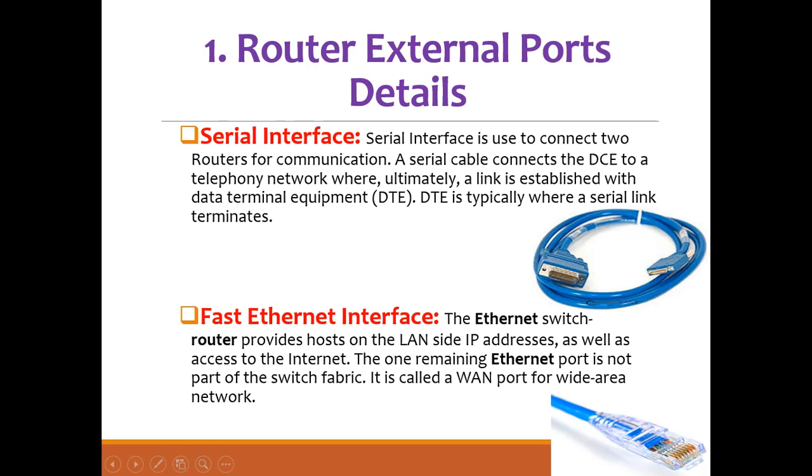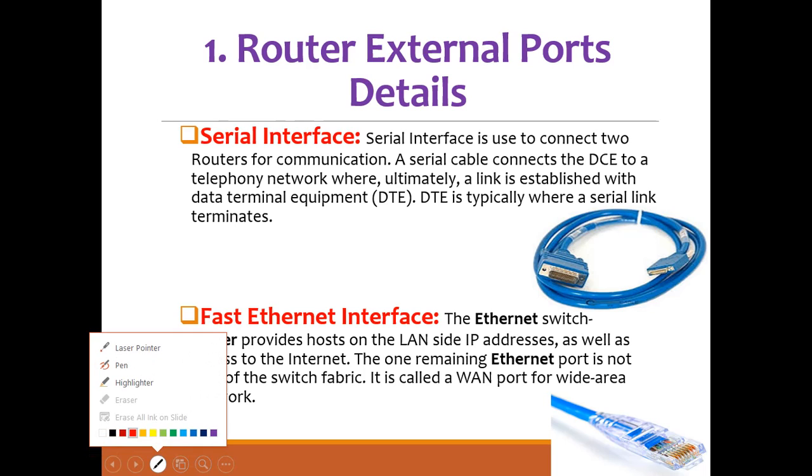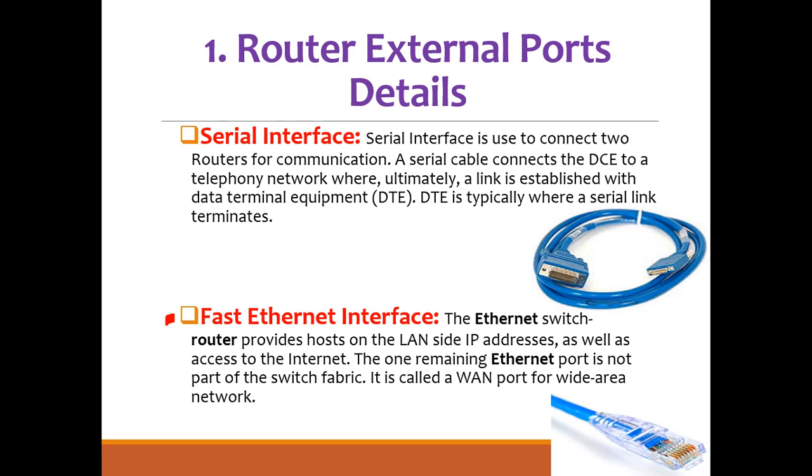So you can connect Ethernet, meaning fast Ethernet, Giga Ethernet, to the Ethernet switch or router. Here is also for data transferring, and here is also for data transferring, but serial is a little bit different from fast Ethernet. Serial provides a little bit of data synchronization, another kind of data synchronization.